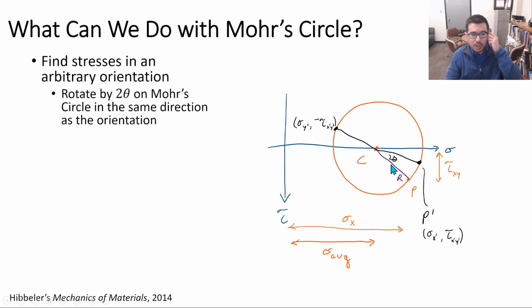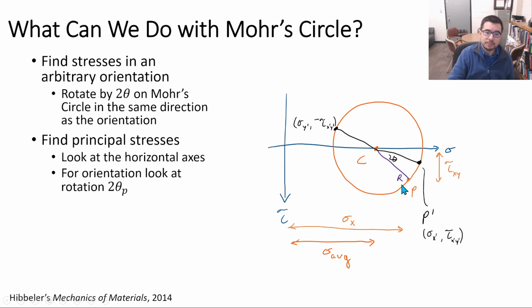And similarly, there would be another point on the other side, maybe we'll call it Q later. That's 180 degrees on Mohr's circle, which corresponds to the 90 degree transformation, right? Which corresponds to sigma y, if it's from P.